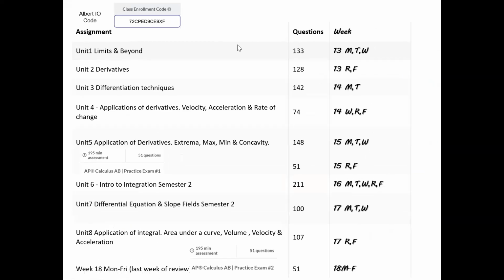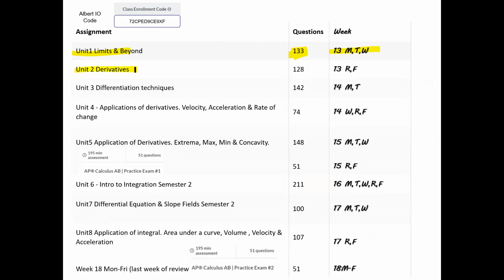Looking at this right here, just making sure that we're on the right page. As a review, these are all the units that are going to be required for you to go over, all the units that we talked about since August. Now, instead of doing Math Excel for week 13, which I've already stopped, your Monday, Tuesday, Wednesday for week 13, so today is week 13 Tuesday, is to pick any 30 questions out of 133 for Unit 1, limits and beyond.